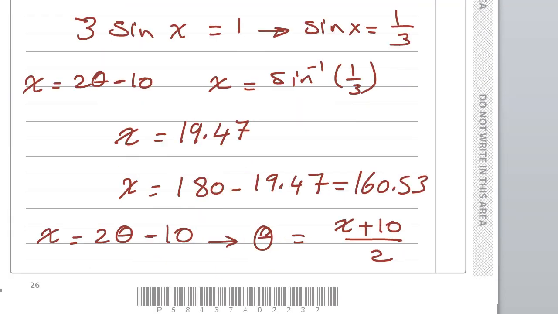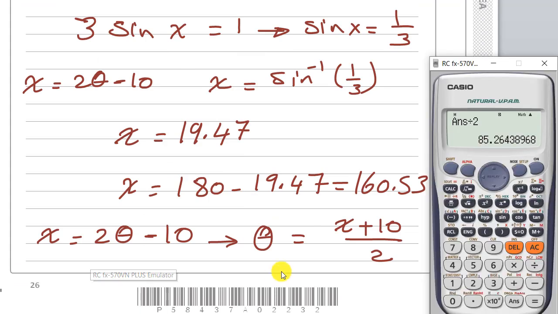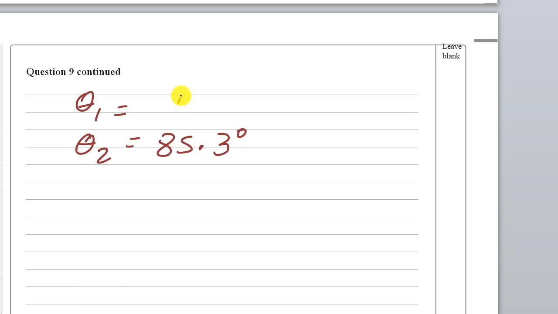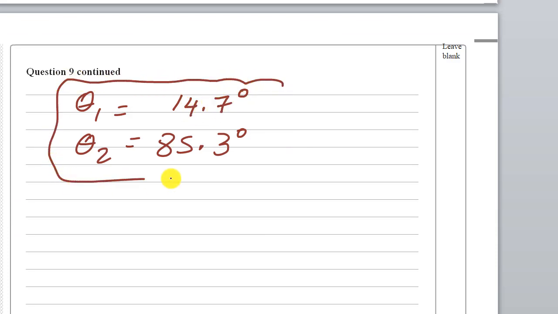Theta 1, which is equal to 19.47 plus 10 divided by 2, so it's equal to 14.7 degrees, and this is the answer of this part.